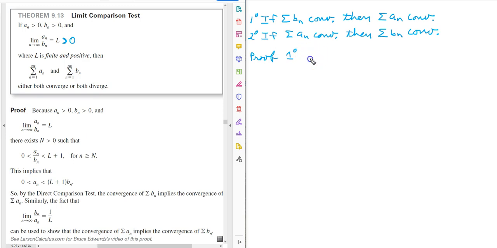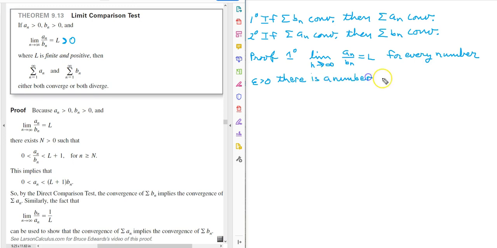Let's recall that when we say the limit as n goes to infinity of an over bn equaling L, this means for every number epsilon greater than 0 that's given to you, you can find a number capital N such that the absolute value of an over bn minus L is less than epsilon whenever n is chosen larger than capital N. Now this L here is not in the numerator.